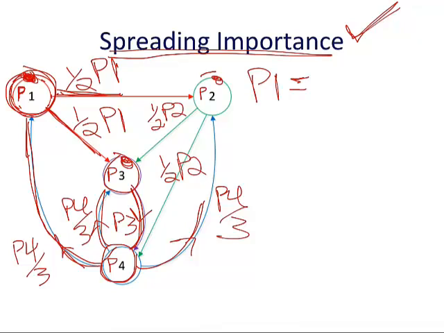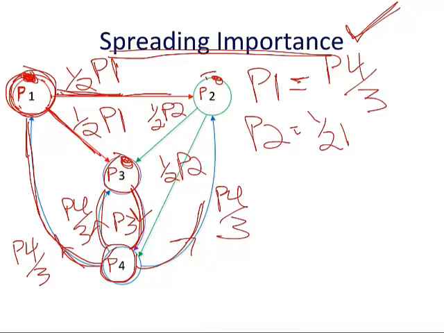So P1 has to be equal to P4 over 3. Now we can go to node 2. We look at the incoming links to node 2. We have 1/2 P1 and we have P4 over 3. So P2 equals 1/2 P1 plus 1/3 P4.